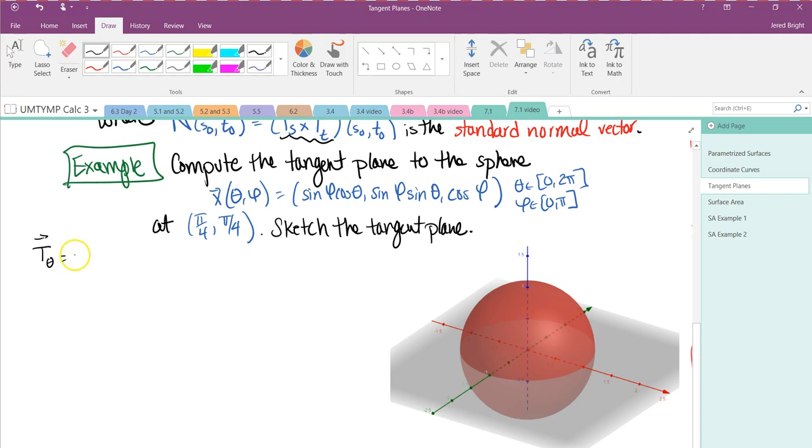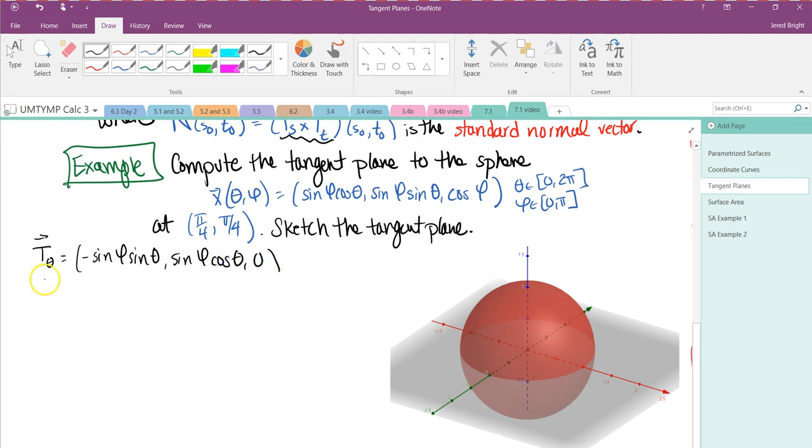I differentiate, and we end up getting negative sine phi sine theta, sine phi cosine theta, and then 0.